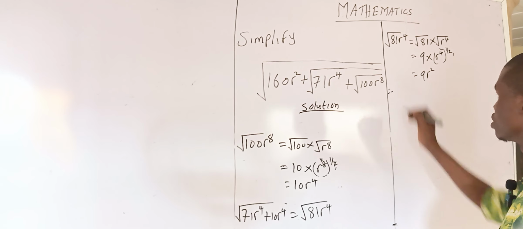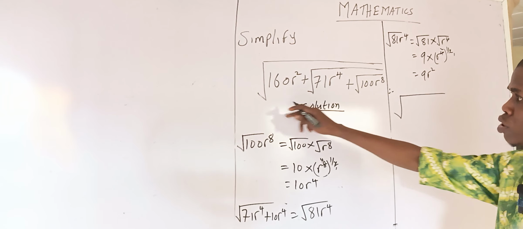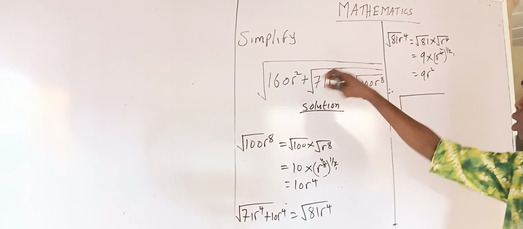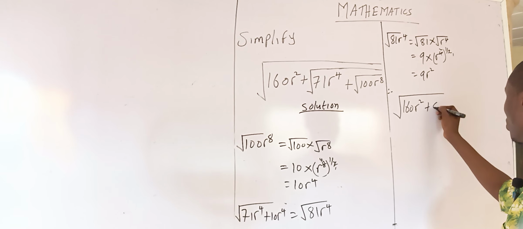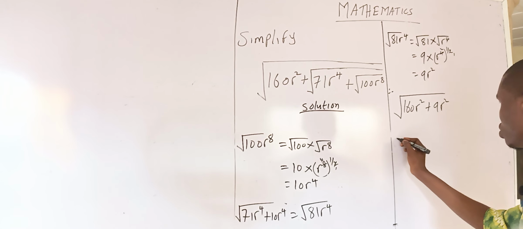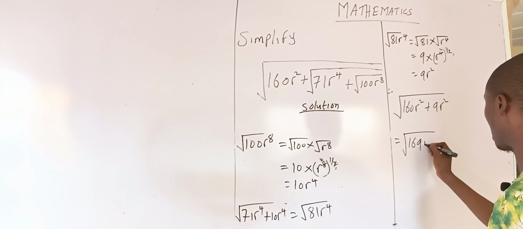So into the bigger part, the biggest square root: 160 r squared plus 9r squared. So this later becomes 169 r squared.